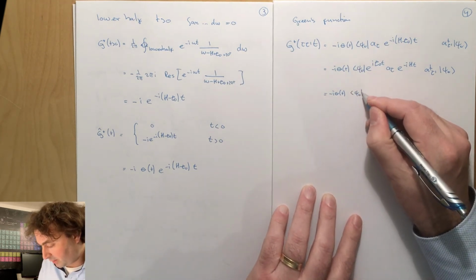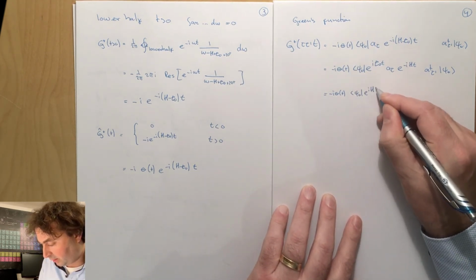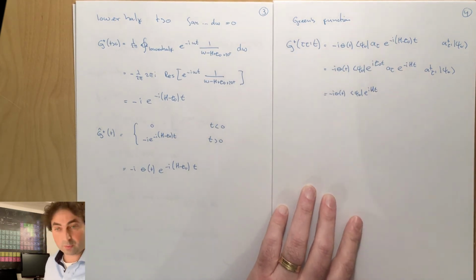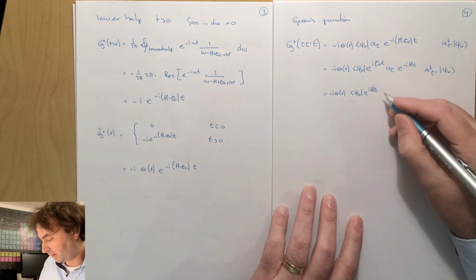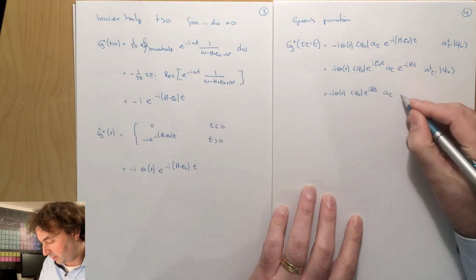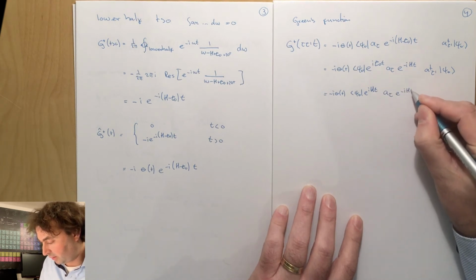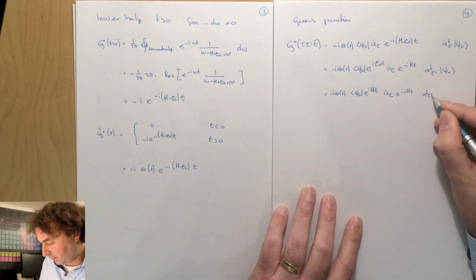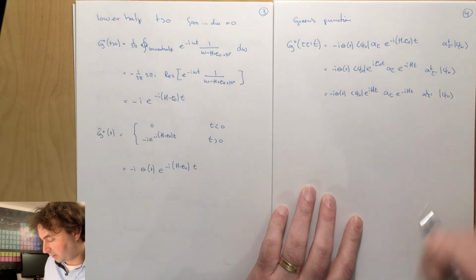So this is psi 0 e to the i H t, because when H acts on psi 0 it becomes the energy of that state. Then e to the minus i H t a dagger tau prime psi 0.